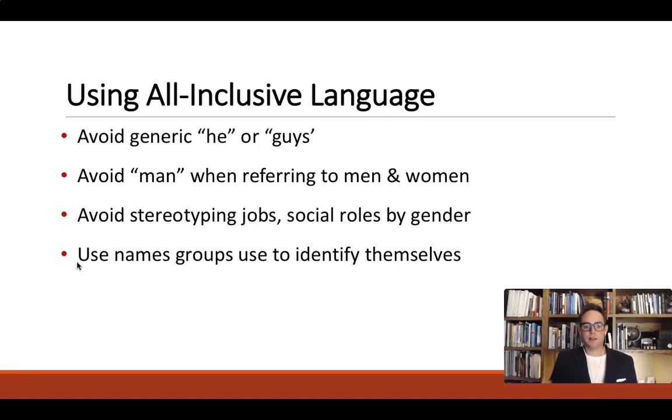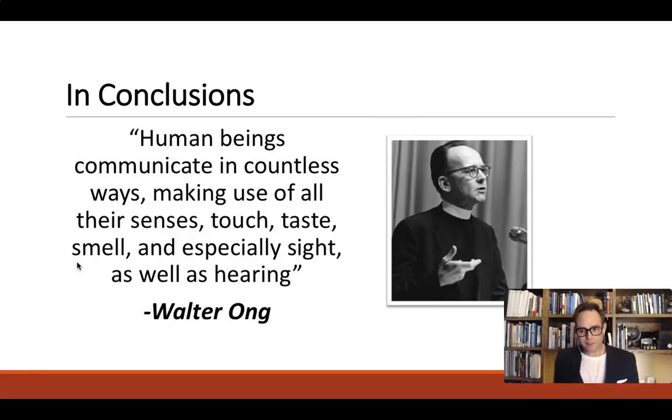And so they like to refer to their community as deaf culture or deaf community. And so really using that to identify this particular group. You want to use the identifying labels that people prefer when referencing that group.